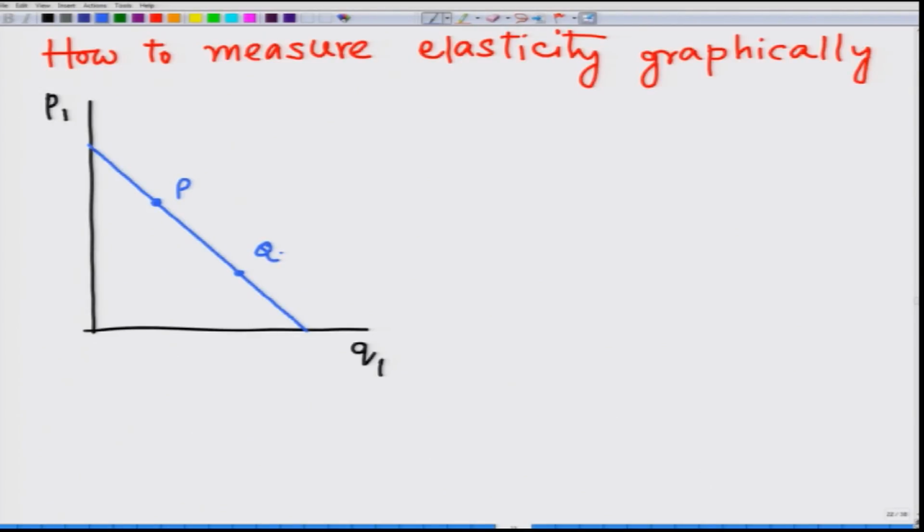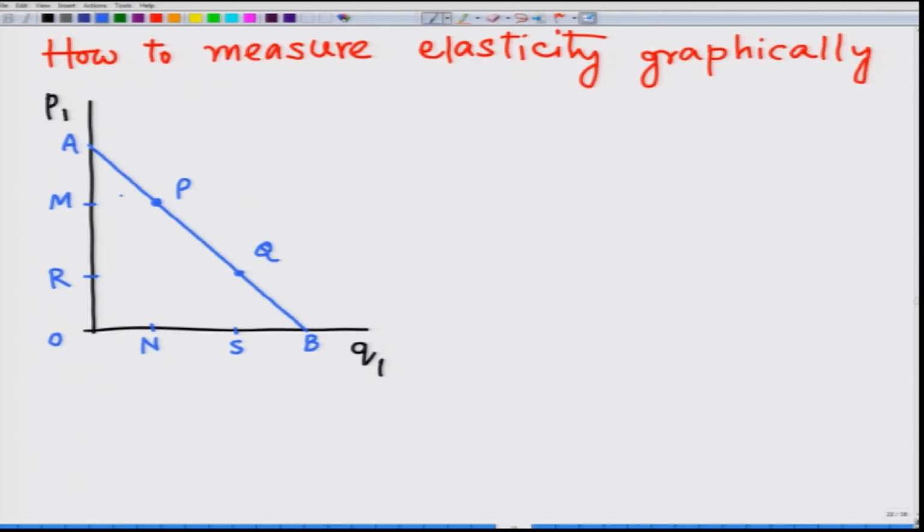So, suppose there is a journey from point P to point Q, and by that I mean that price has fallen from level say OM to level OR, and we can see as a result the quantity demanded has increased from ON to OS. Let us name this demand function AB.